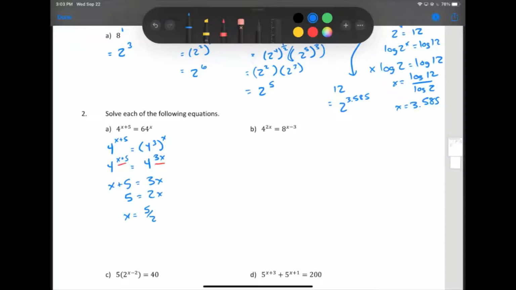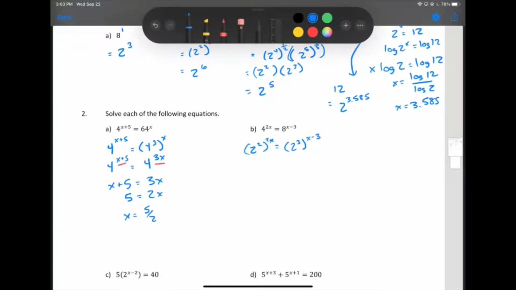For part B, we can try to write 8 as a power of 4. Unfortunately, it's not a very good power of 4, but I can note that both of them are powers of 2. So I can rewrite 4 as 2 squared to the exponent 2x, and 8 as 2 cubed to the exponent x minus 3.